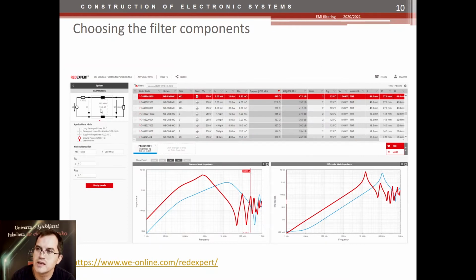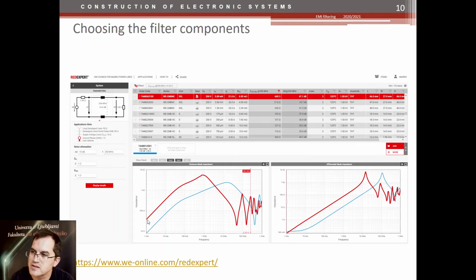And you can define the system of your filtering here with the source and the load impedance. And you can define what impedance you are actually having. You can type it in, and then you type in the noise attenuation you want at a certain frequency, and it will give you some suggestions for what kind of element to use.